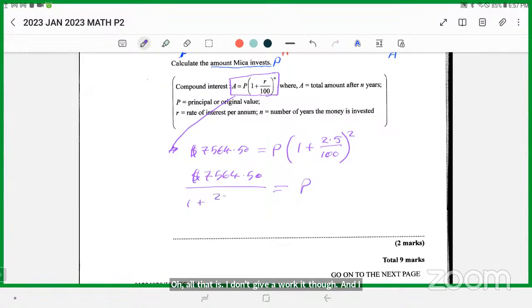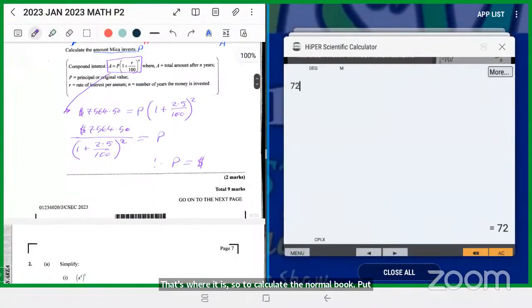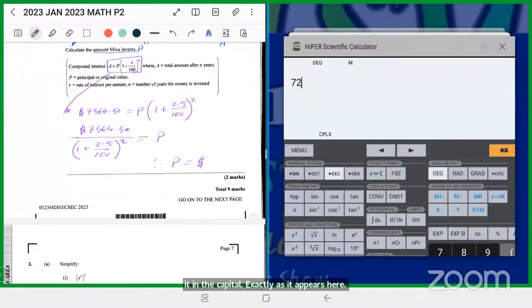1 plus 2.5 over 100 squared. I don't have to waste time working it out. Therefore, the principal amount is, I'm going to put the dollar sign on it. Just put it in the calculator exactly as it appears there. Now we get the answer.